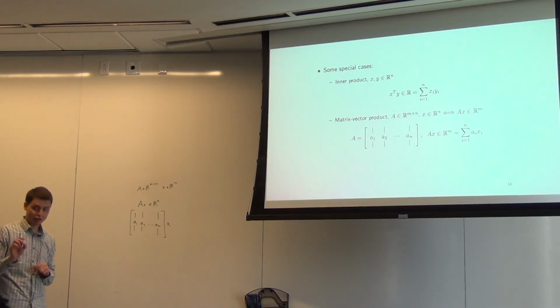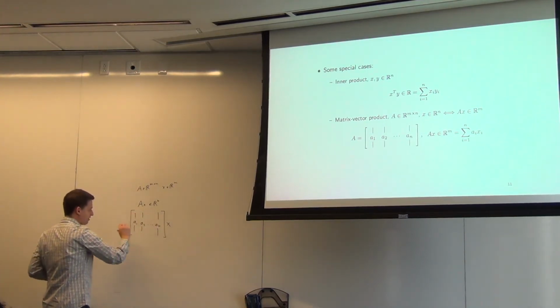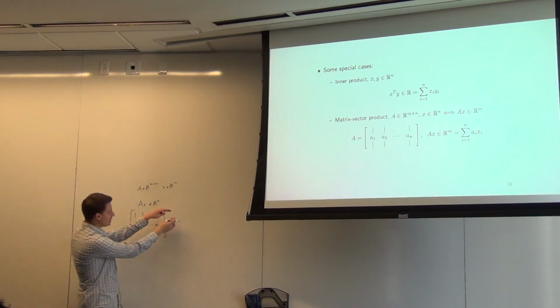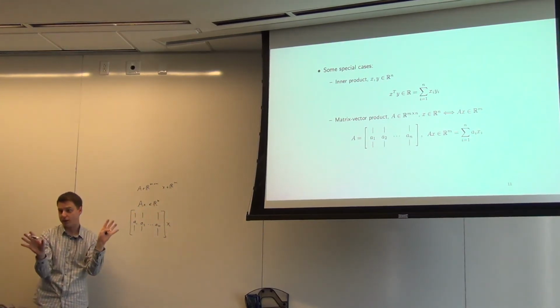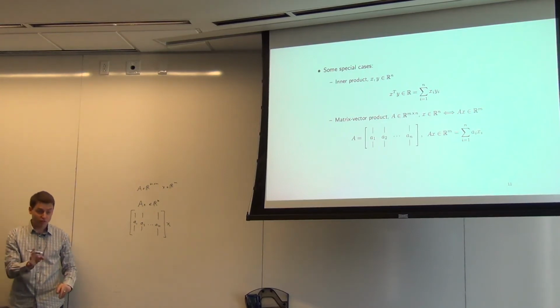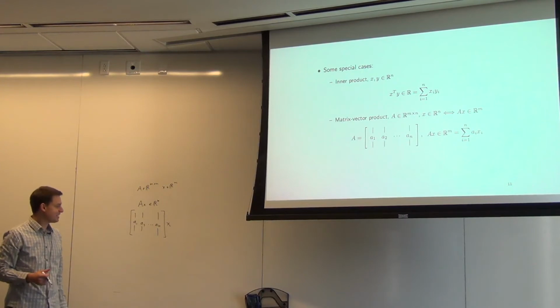This is actually different from what I showed you before. The natural way to do it, as I showed you before, would be to write A by its rows, and then every element of the product is an inner product of one row and x. That's one interpretation.